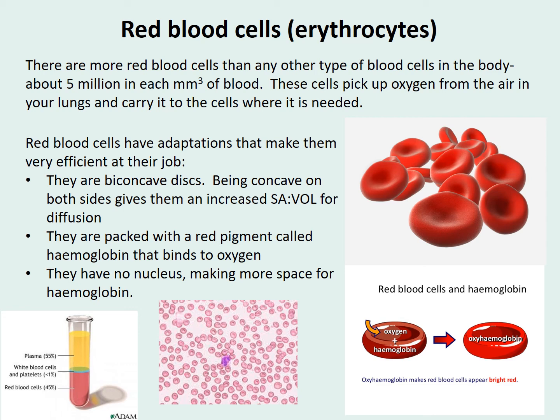And also another adaptation that I'm sure you remember from specialized cells is that they don't have a nucleus. That's quite important because it makes more room for hemoglobin. It also means that they are unable to divide themselves to make new ones, so they're constantly being made in our bone marrow from stem cells.